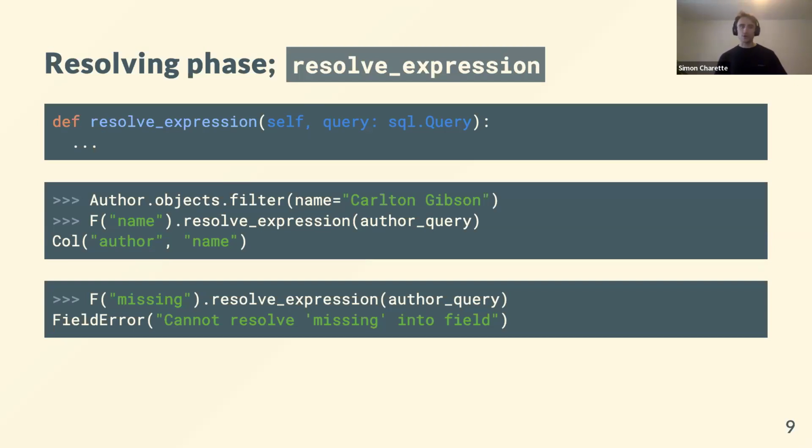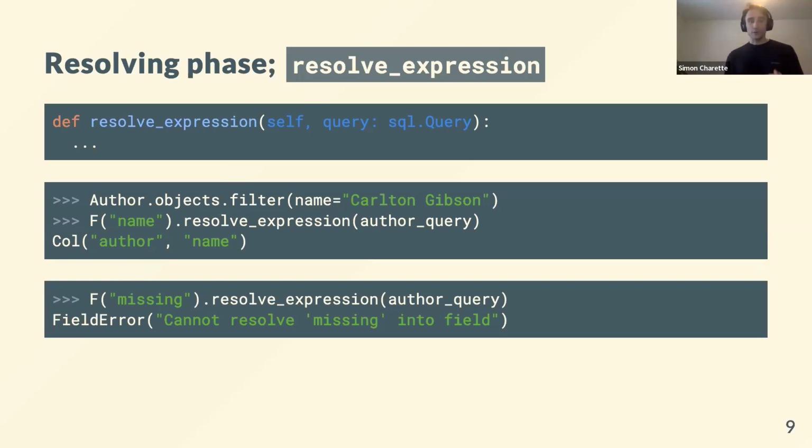If you search for this name in the code base, you will find a few classes that implement it. The idea is that you've got an object, completely standalone, with a resolve_expression method, and it accepts a query. What the object should return when the function is called is an object that is resolved within the context of the provided query.